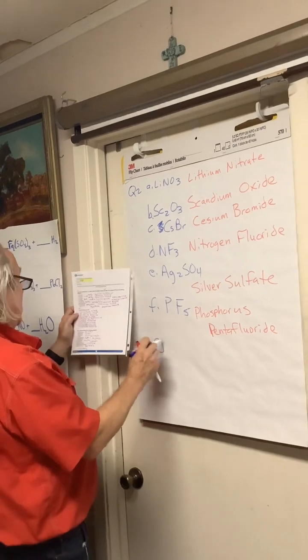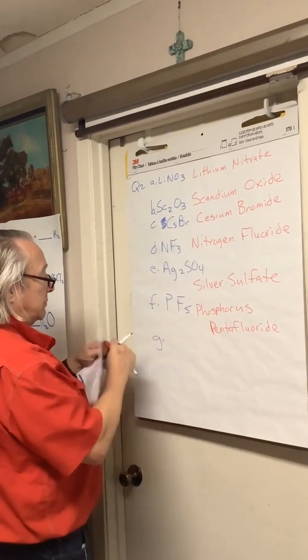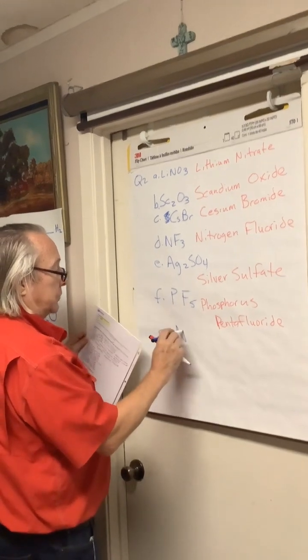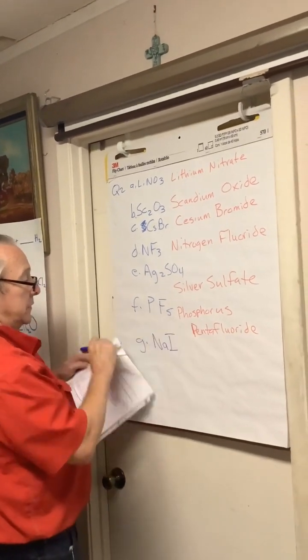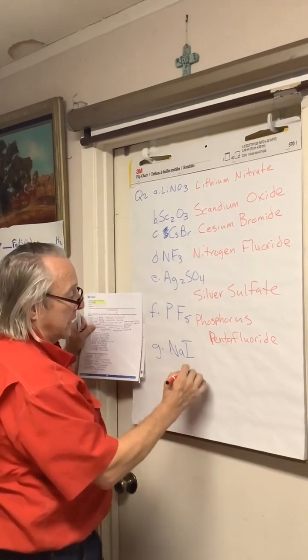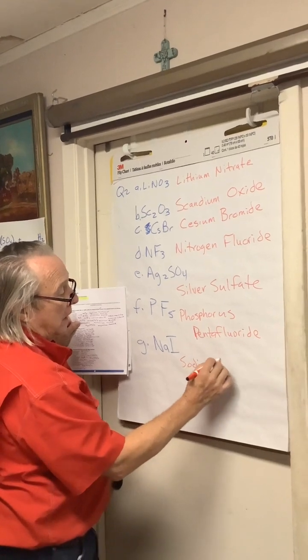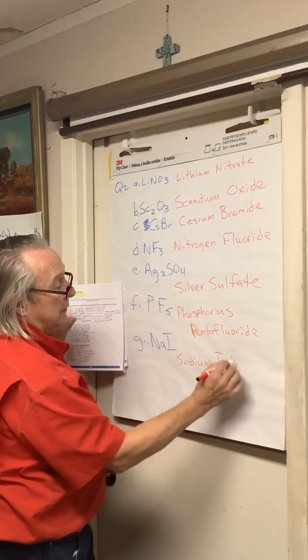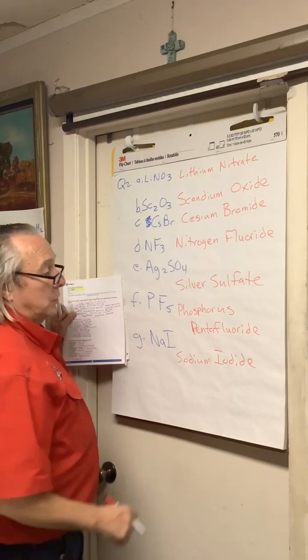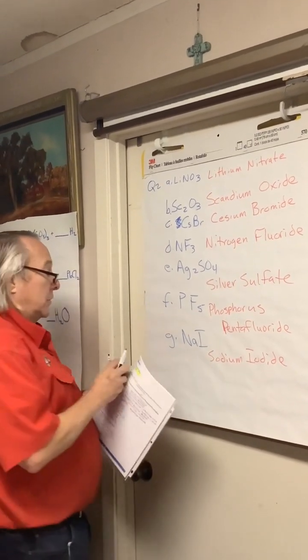G is NaI, a very common salt. You've probably had it because anytime you put salt on something, you either put NaI or KI on it. And this is sodium iodide. And if you add it to normal table salt, sodium chloride, you call it iodized salt.